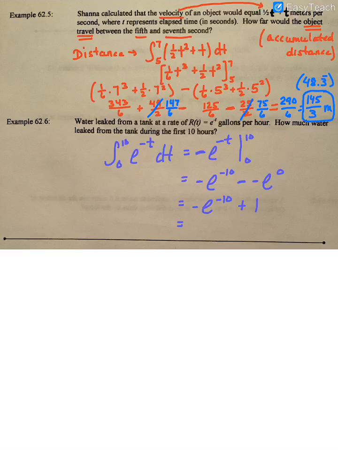If you plug this into the calculator, you get a lovely decimal, 0.9999546001, which is approximately what? 1. And this is 1 gallon because we were asked how much water had leaked from the tank in the first 10 hours. So 1 gallon.